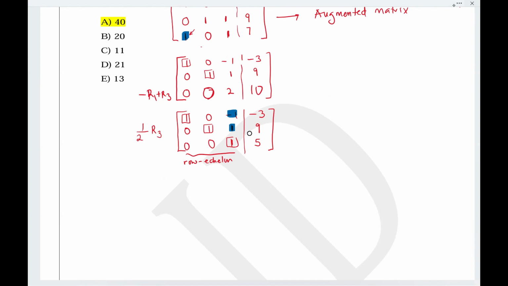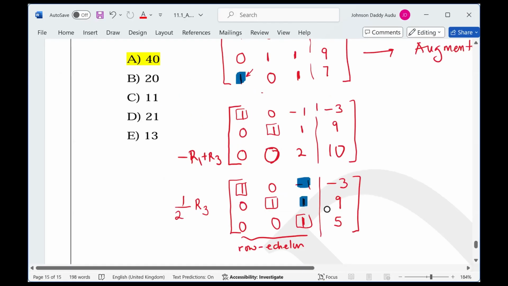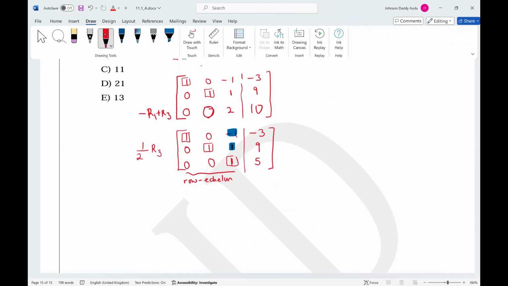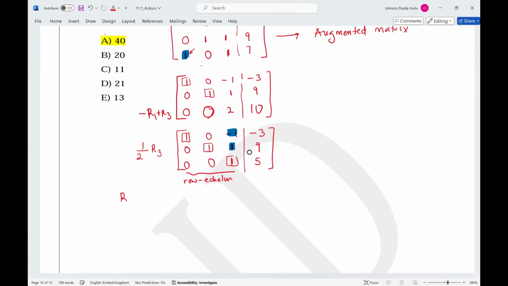Now, to take this to 0, we still have to use row operation, and it's a very simple one. We use R3 plus R1, for the first row, because we are fixing row 3 now. So let's write row 3: 0, 0, 1, and 5.